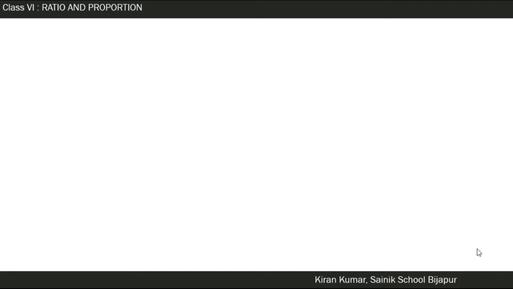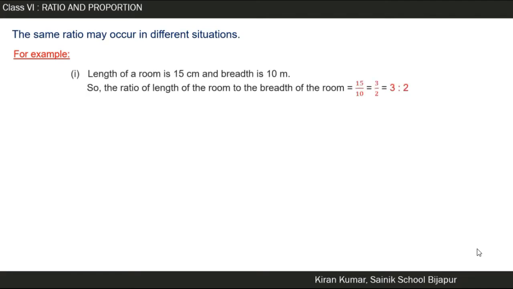The same ratio may occur in different situations. For example, if I consider length of a room to be 15 centimeters and breadth to be 10 meters, sorry, 10 centimeters, the ratio will become 15 by 20.